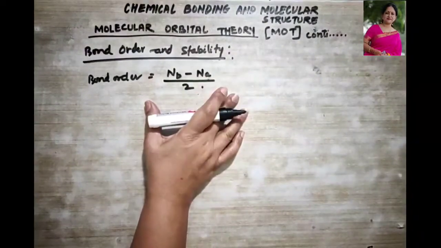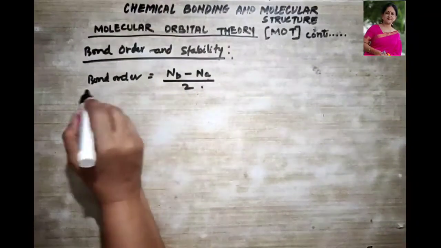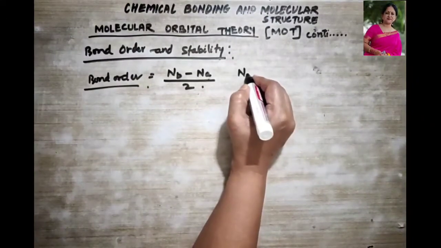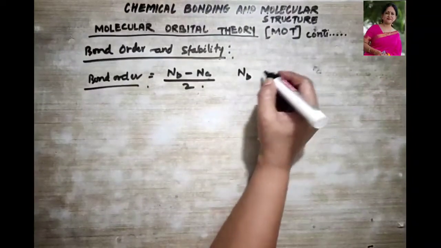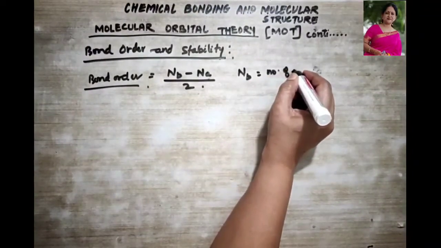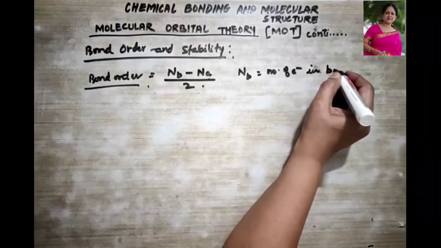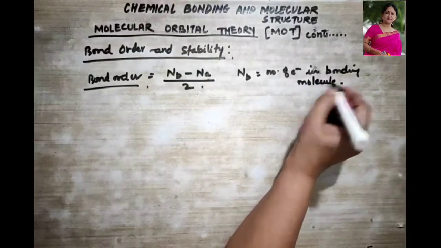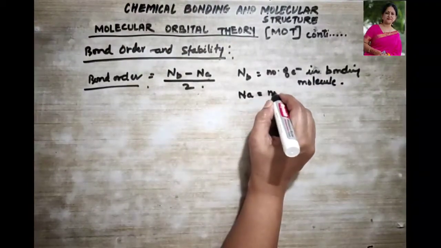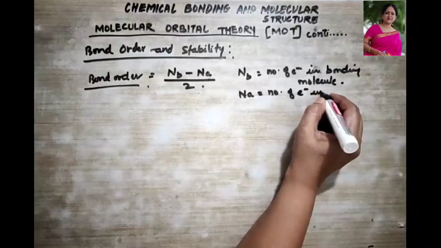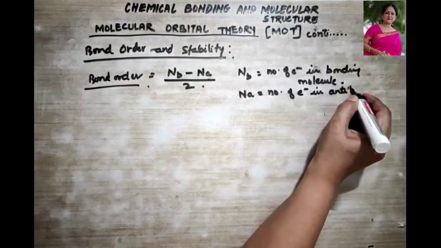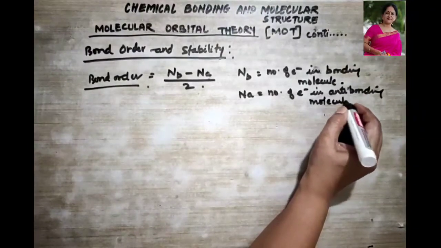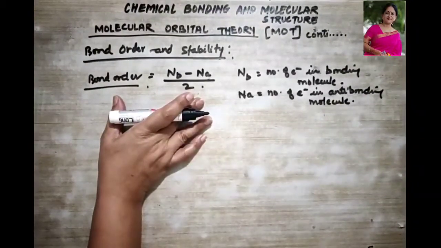This is the formula that we have to use to find out the bond order. Is this point clear? Where Nb is the number of electrons in bonding molecular orbitals, and Na is the number of electrons in anti-bonding molecular orbitals, through which we are going to find out the bond order.